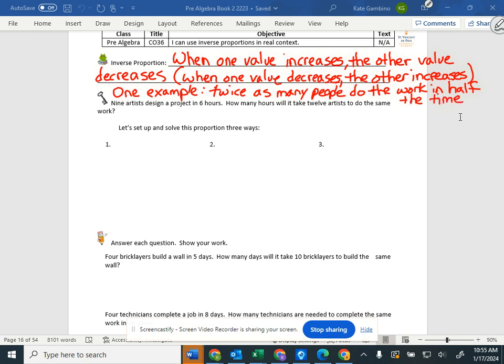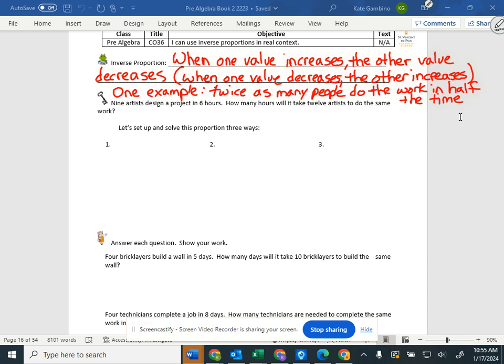The more people you have working, the less time it takes to do it, right? So when we think about it that way, we can see how one side increases, the other side decreases. More people working, less time to do it. That would be an inverse proportion. Still keeping in mind that they're increasing and decreasing at the same rate because they are proportional. So let's look at how this will work.